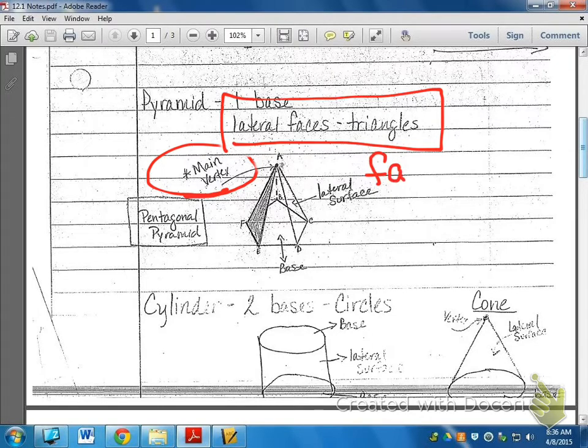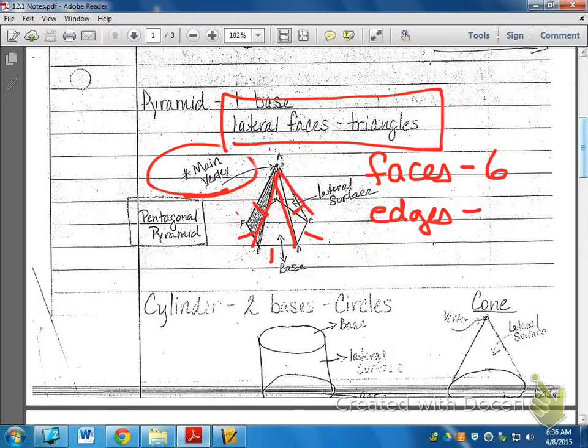How many faces does that pentagonal pyramid have? 6. 5 triangular faces and 1 pentagon base, so total of 6. How many edges does this pentagonal pyramid have? More than 3. There's 5 along the bottom, but then look at these that go up here.